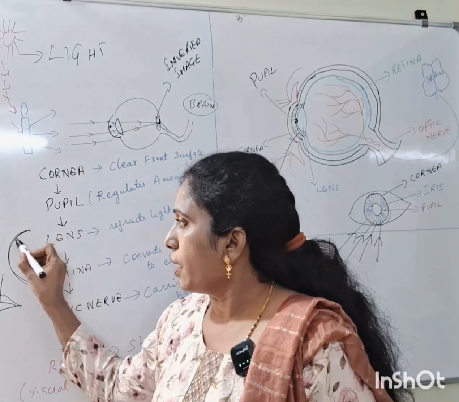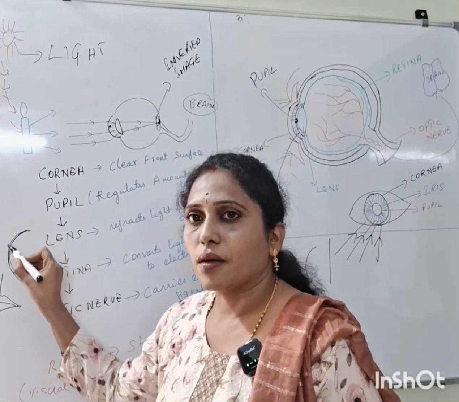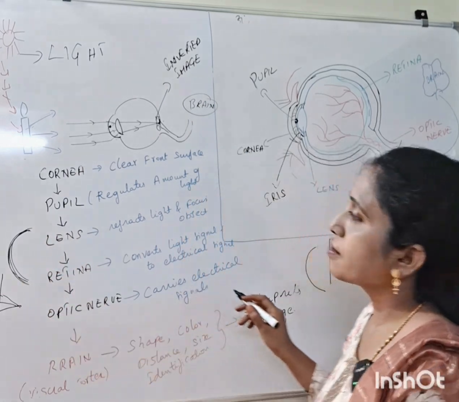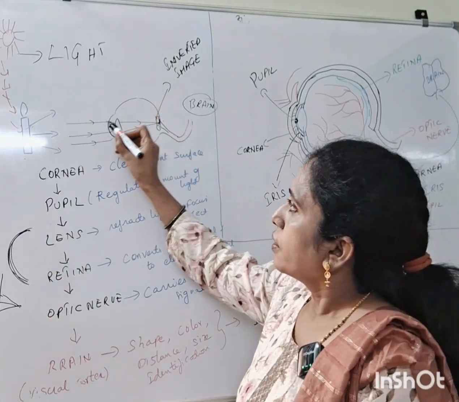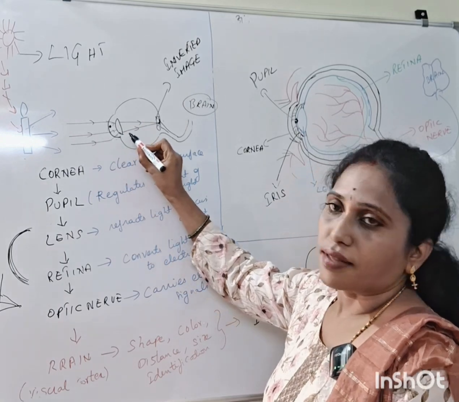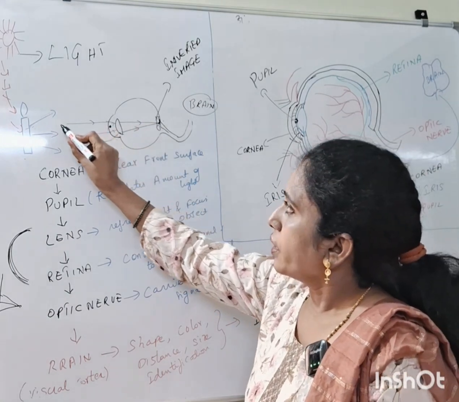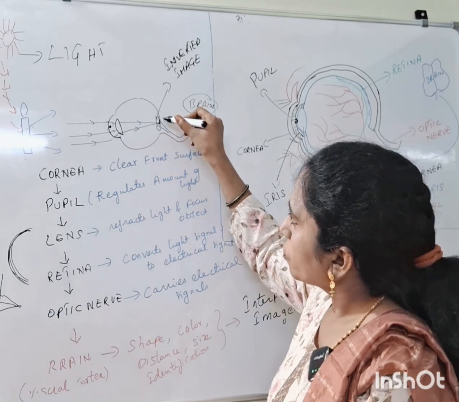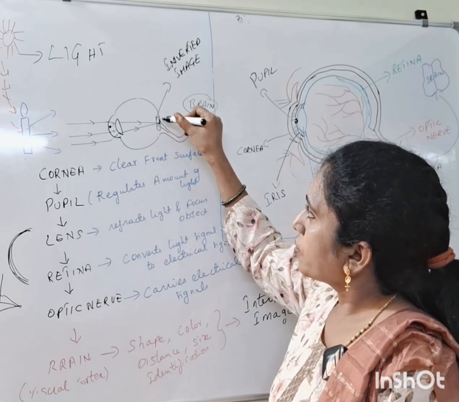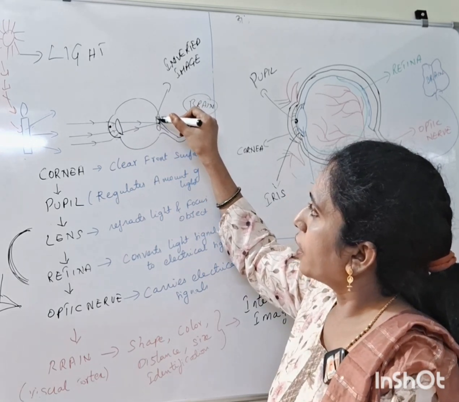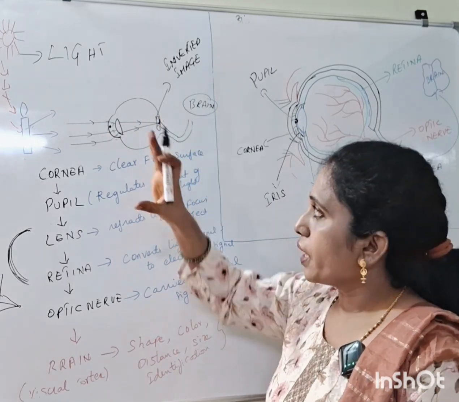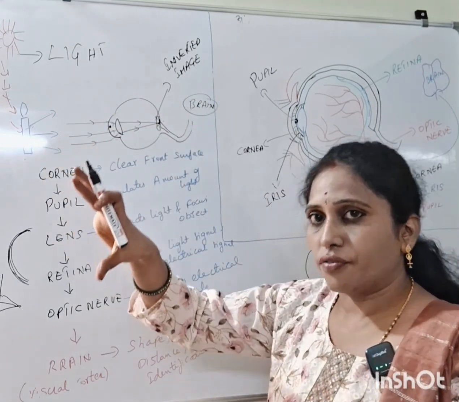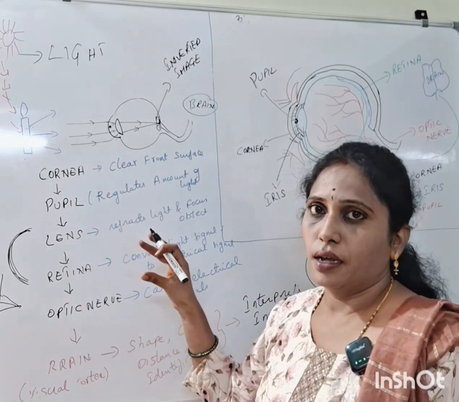That amount of refraction depends upon the dioptric power of the cornea. The eye is designed in such a way that there are many refracting surfaces inside it. When light rays from infinity fall on the eye, they converge and form a thin focal point on the retina. In that way, the eye is designed. The bending of the light rays depends on that dioptric power.